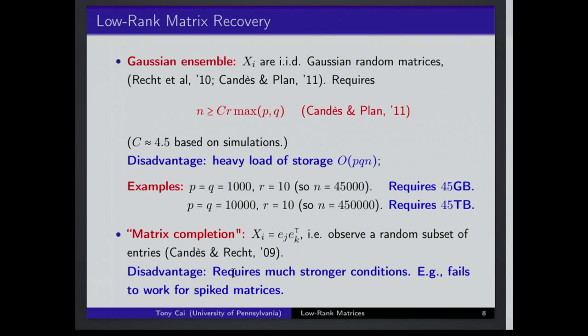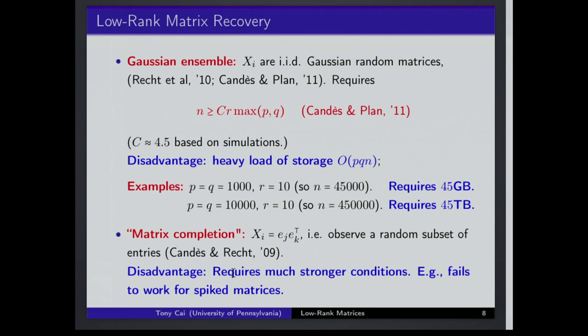We are all familiar also with matrix completion, which is a much simpler design in the sense that each time you only need to take subsamples of the matrix. In that case, if we write in this form, xi is simply one single entry equal to 1, the rest are 0. The problem with this design is that you are not able to guarantee the recovery of all low-rank matrices.